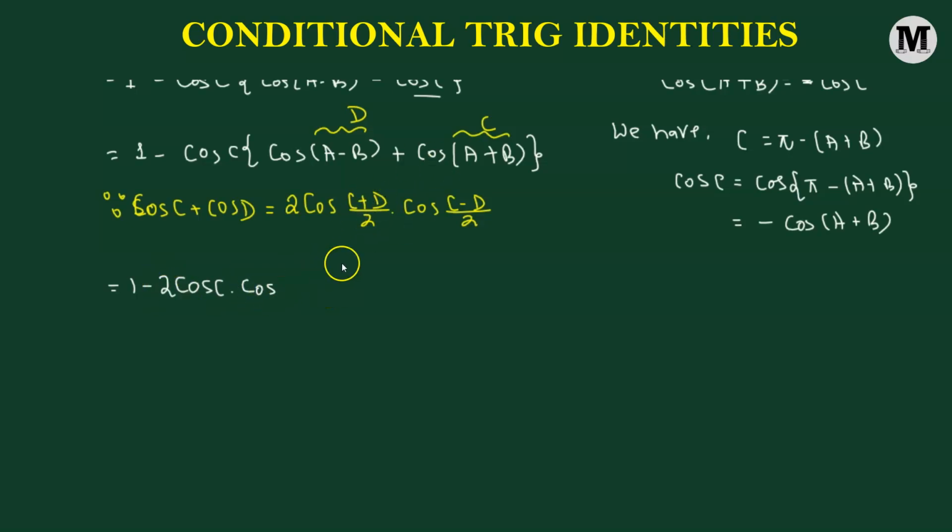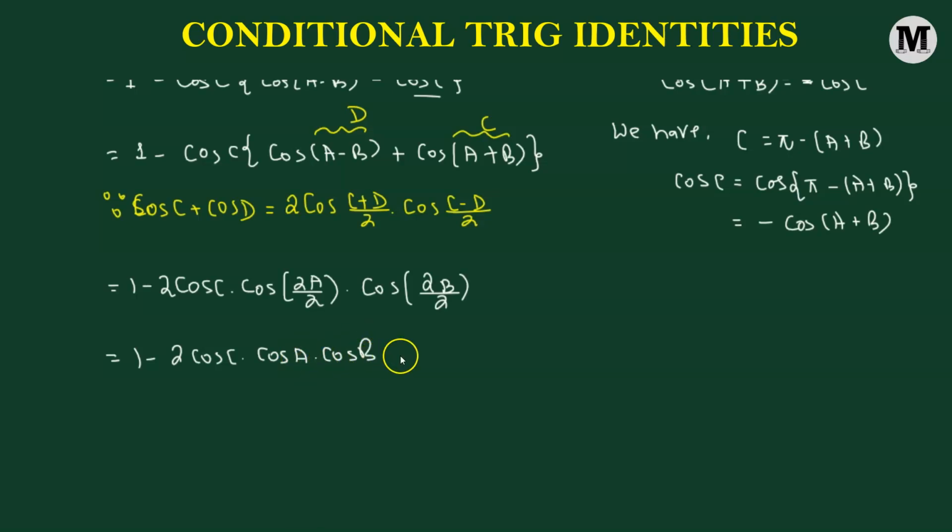We need C plus D: A plus B added to A minus B gives us 2A divided by 2, multiplied by cosine of the angle C minus D, which gives us 2B divided by 2. So we get 1 minus 2 times cosine of angle C times cosine of angle A times cosine of angle B. And that is exactly the expression on the right hand side.